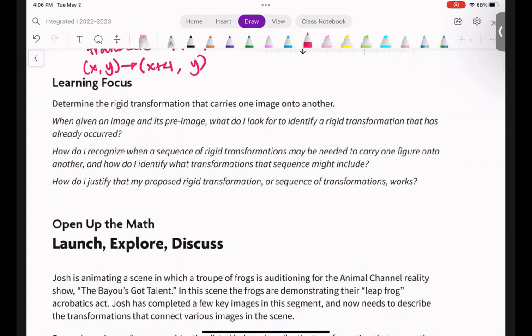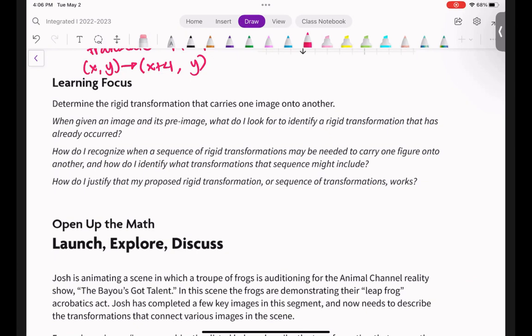This one says, determine the rigid transformation that carries one image onto another. When given an image and its pre-image, what do I look for to identify a rigid transformation that has already occurred? How do I recognize when a sequence of rigid transformations may be needed to carry one figure onto another? How do I identify which transformations that sequence might include? And how do I justify that my proposed rigid transformation or sequence of transformations actually works?